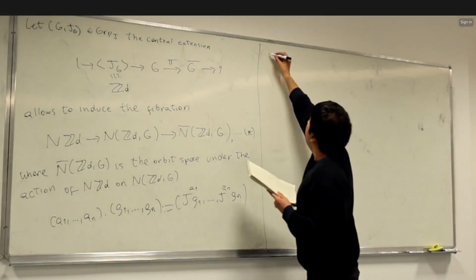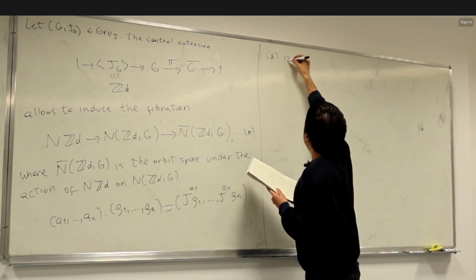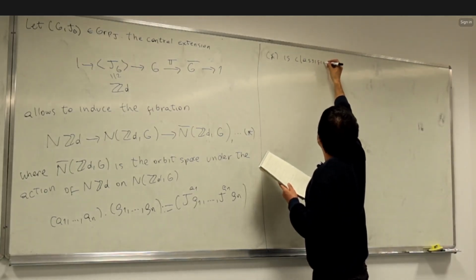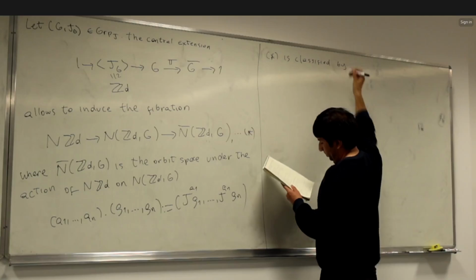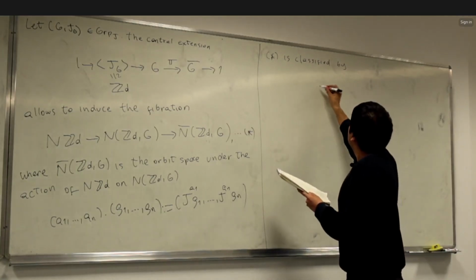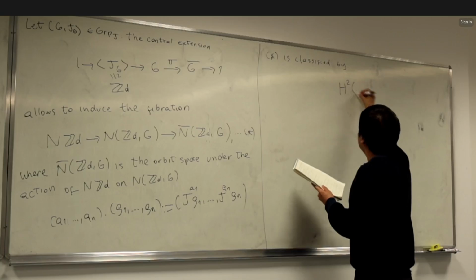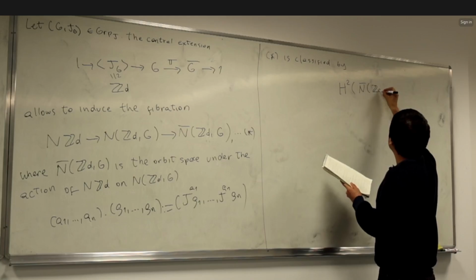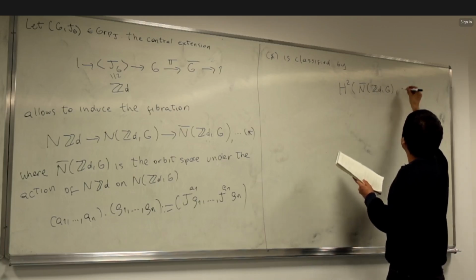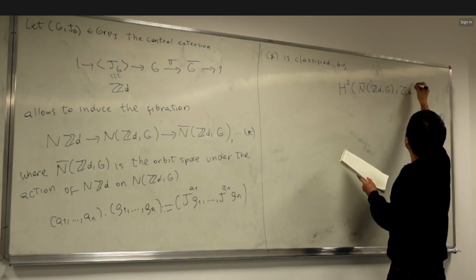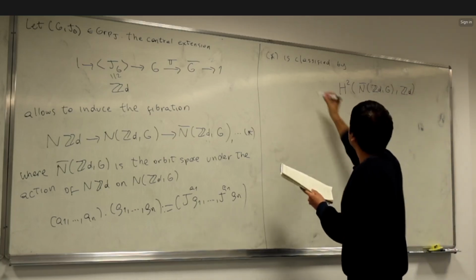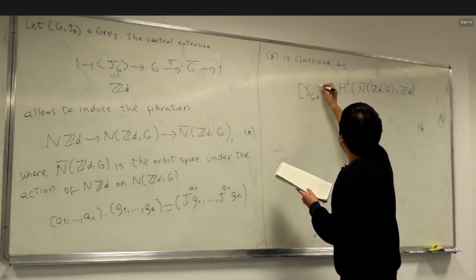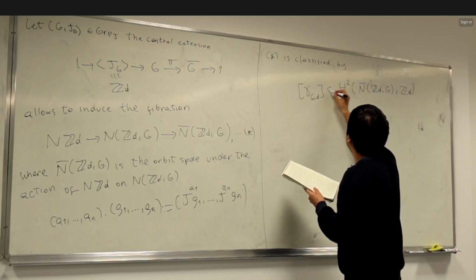Now, this fibration is classified by a cohomology class, a cohomology class in this second cohomology group. We can denote it by gamma G,d.